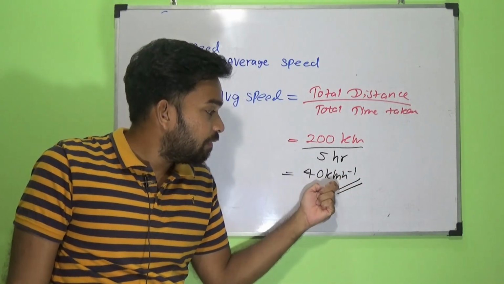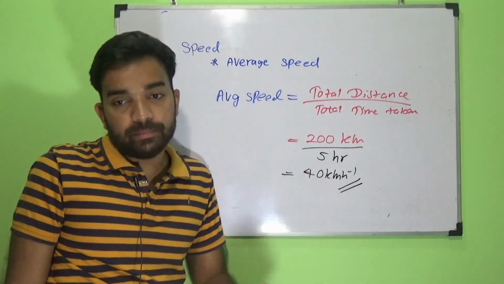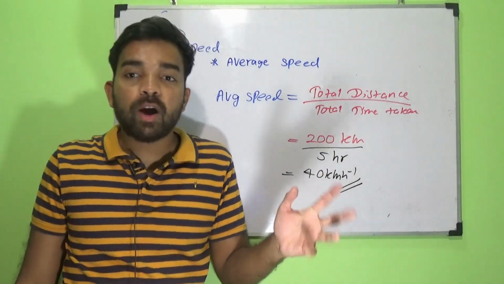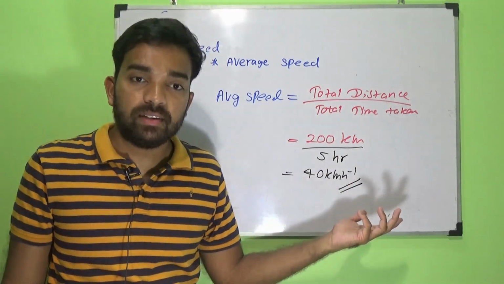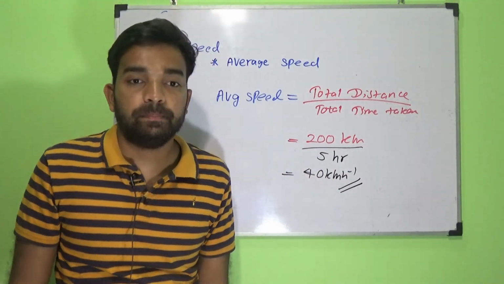This means we have traveled 40 kilometers per 1 hour. It doesn't mean that in every 1 hour we are traveling 40 kilometers, but this is, as an average, how much we got.